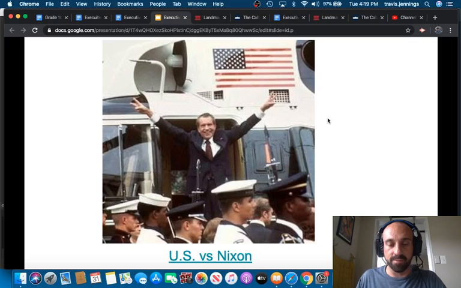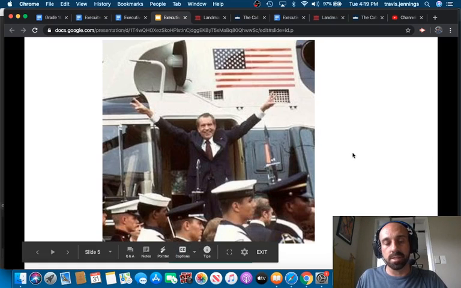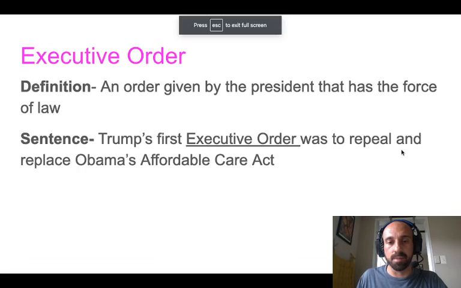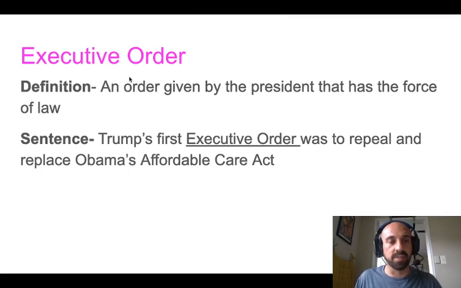They got enough information on me. I'm just going to get on out of here on my helicopter. So you see Nixon leaving in a very famous pose there.